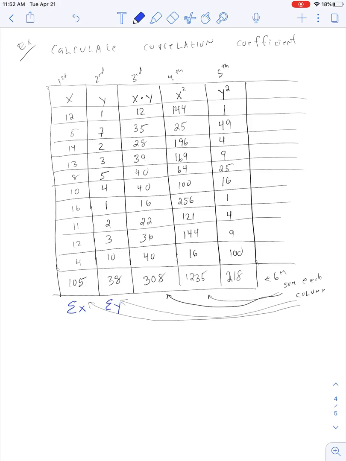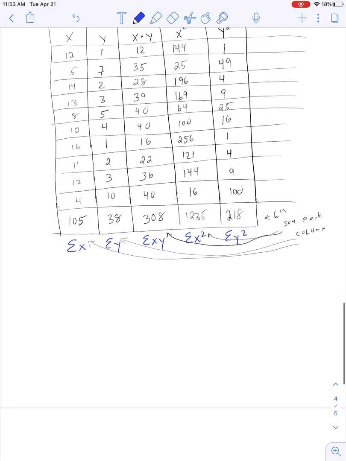We summed y, so that would be Σy. We summed x times y, so that's Σxy. Remember, that means summation. Σx squared, Σy squared. Once we have all of this, we can go ahead and use our correlation coefficient formula.